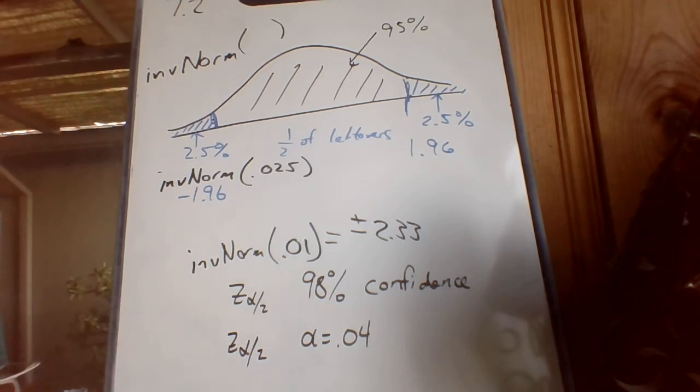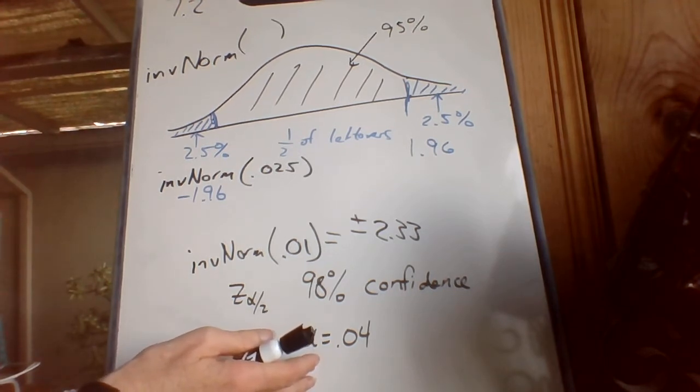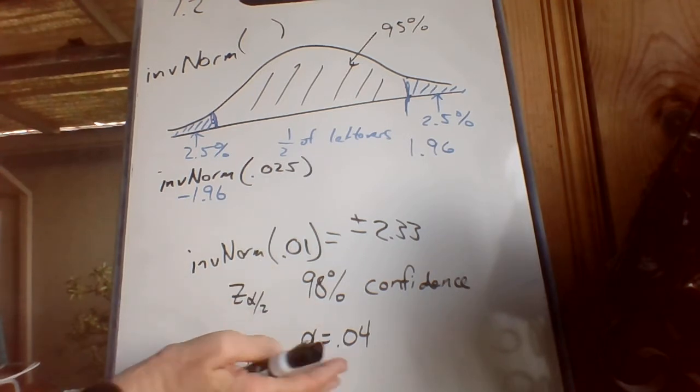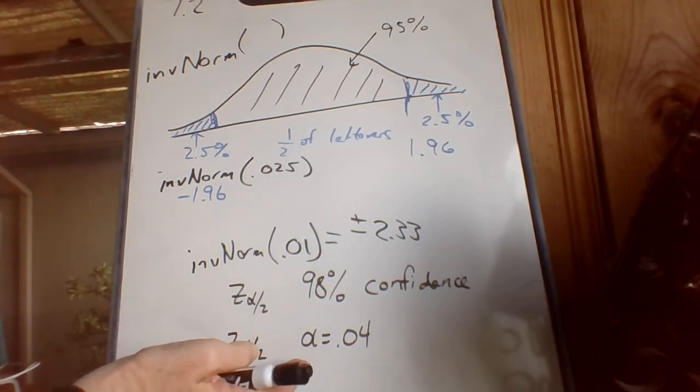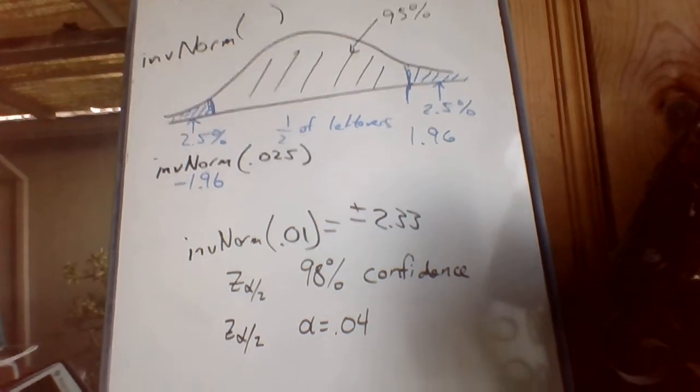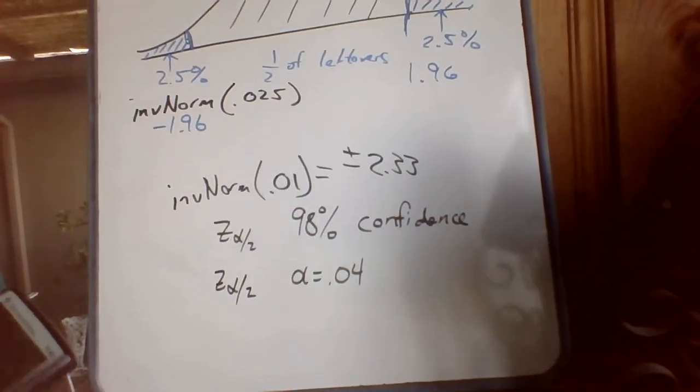Or some of the homework problems look like this one, okay, where it says alpha is 0.04. Basically, instead of giving you like 96% on this, someone went ahead and already did the leftovers part of the calculation, but they still want the half the leftovers part of the calculation. So they gave me the leftovers is 0.04.